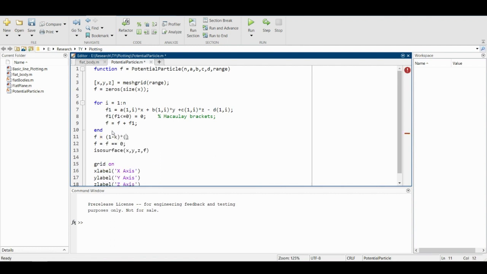into f divided by r normalized square minus 1, and plus k into x square plus y square plus z square divided by R square minus 1.